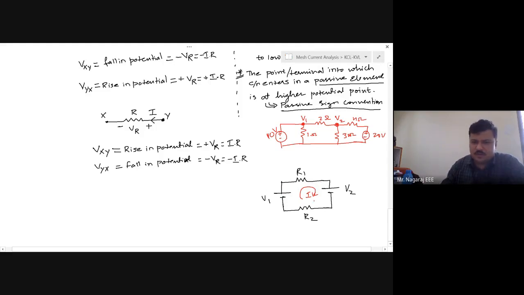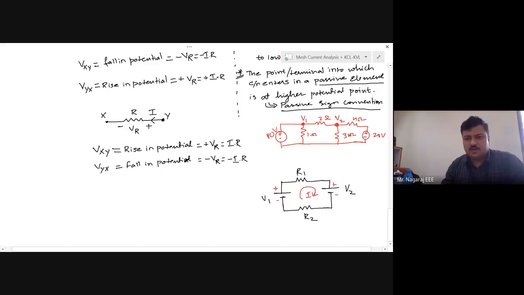Until I assume the direction of current, I cannot assign the polarities across passive elements. Active element polarity is fixed, but passive element polarity completely depends upon the direction of current flowing through them.